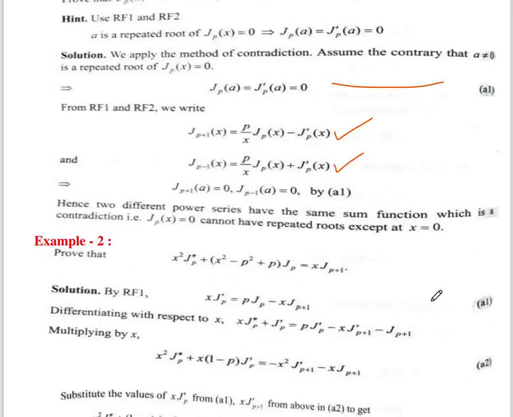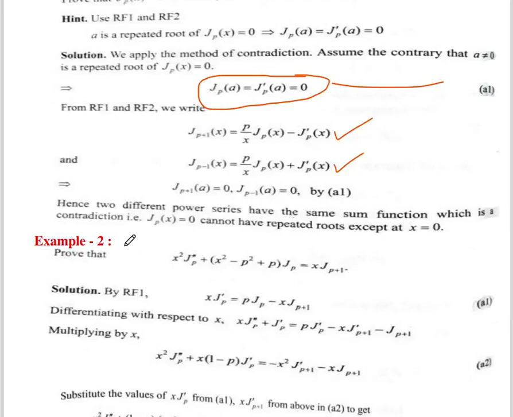From this we can write J(p plus 1) of A equals 0. Put x equals A, and we will get J(p plus 1) of A equals 0 and J(p minus 1) of A equals 0. So by using this result we can write it equal to 0.